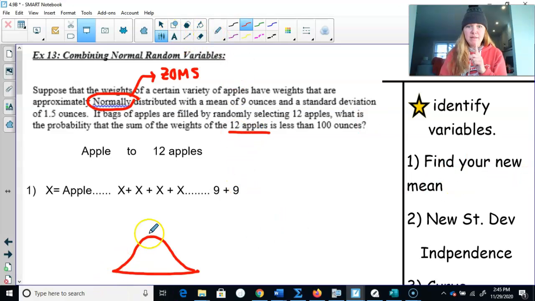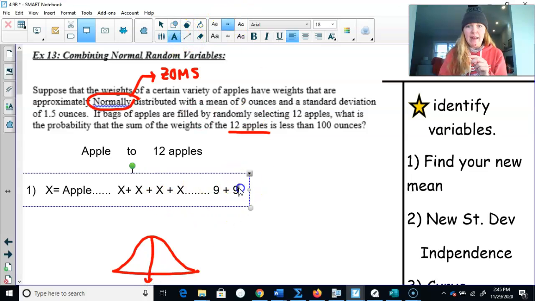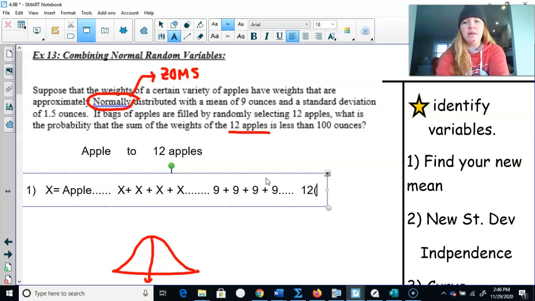So again, I'm finding the mean of this distribution. It's not 9. It's going to be 9 plus 9 plus 9, and I'm going to do that 12 times. Well, it's much easier just to take 12 times 9, okay? And figure out the mean that way. I just wanted you to get used to thinking that way, because I didn't want you to think it was a transformation, right?